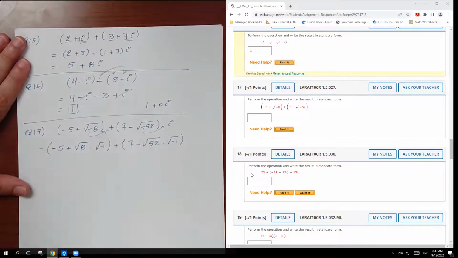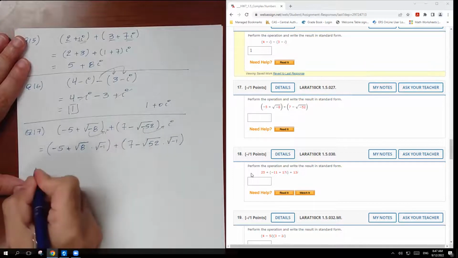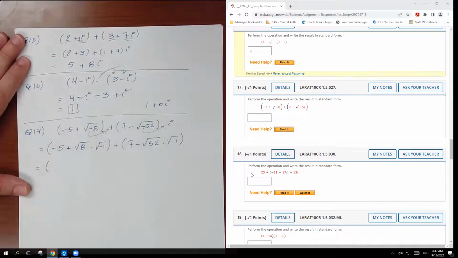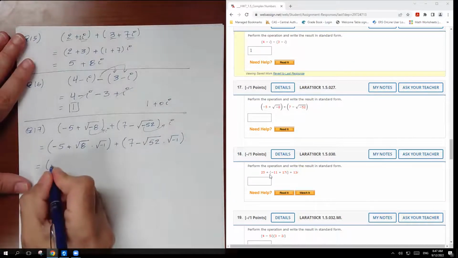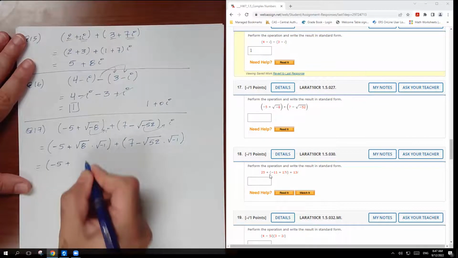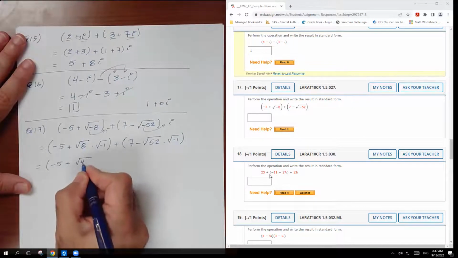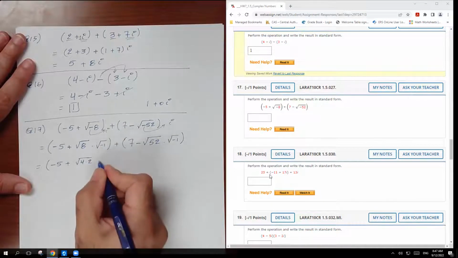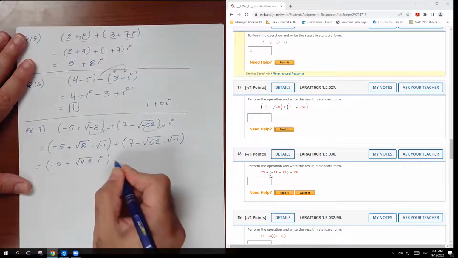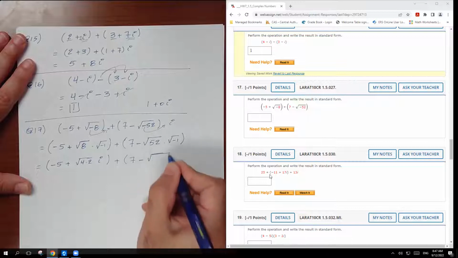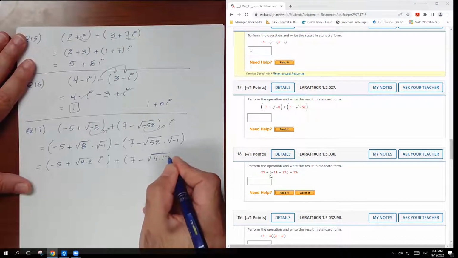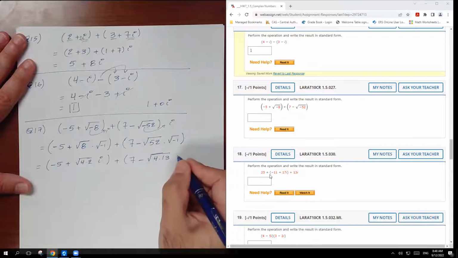If you want to do this step, it's going to be fine. Now, next step. Let's keep going. So -5 plus square root of 8 is 4 times 2. And the square root of -1 is going to be the I. Plus 7 minus square root of 52. I'm going to say 4 times 13. And the square root of -1 is going to be I.